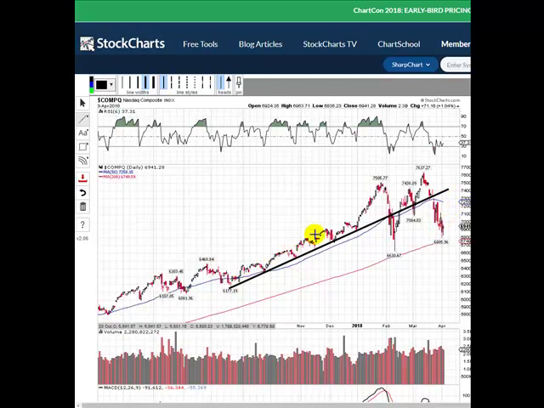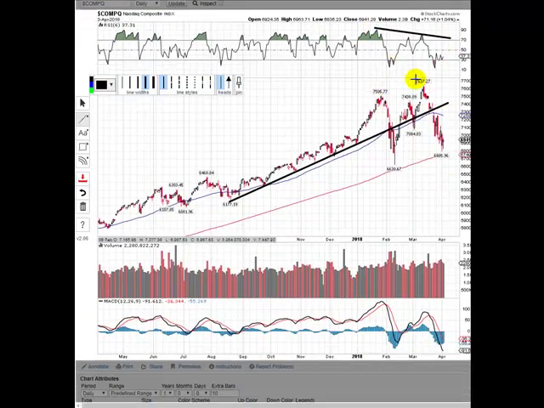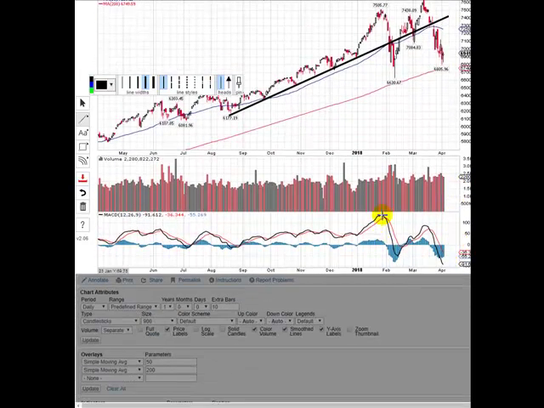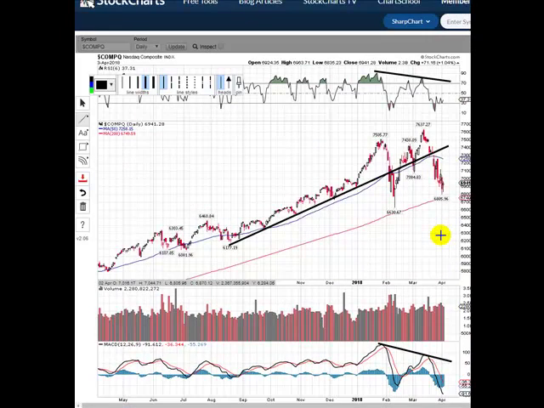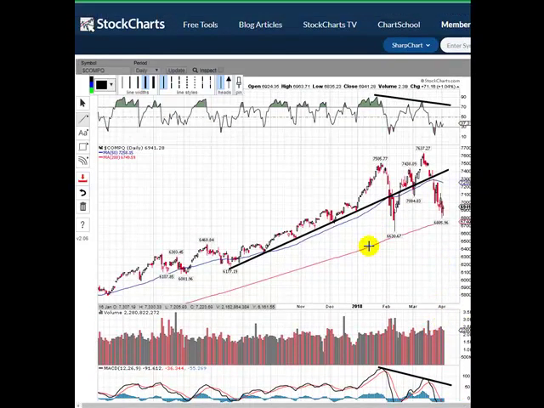When these lines get steeper towards the end of a wave 5 and they break, this one was more of a false break. This one probably is more of a real permanent break, because you're also getting divergences, where that went higher and this went lower. Your MACD also shows this divergence here as well, and you're starting to see a little more selling volume pick up here.